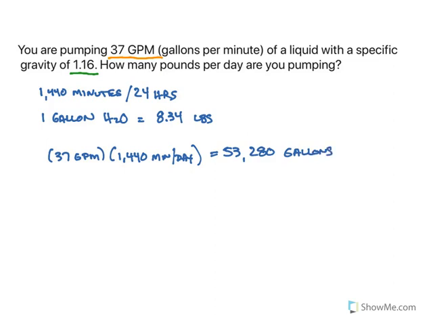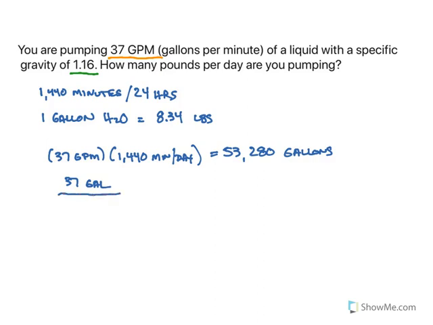Now, it wouldn't be a terrible idea to rewrite this equation like this so that you get in the habit of canceling out units of measure. So 37 gallons. Remember, gallons per minute. Per means you're going to have a division problem.